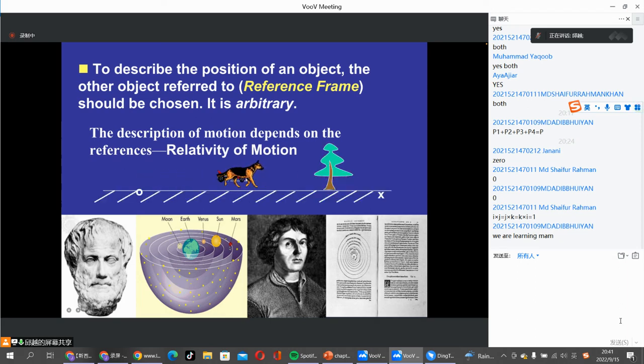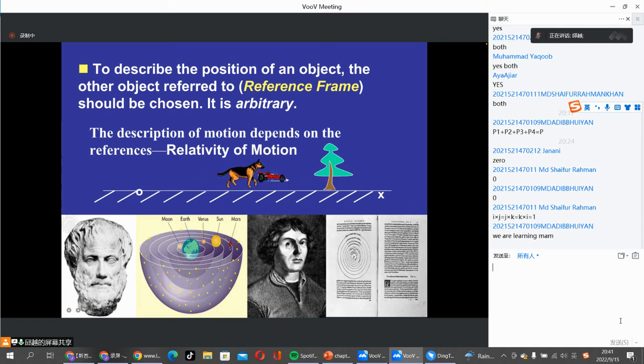We can see this as an example. The velocity of the dog is dependent on the frame of reference chosen.